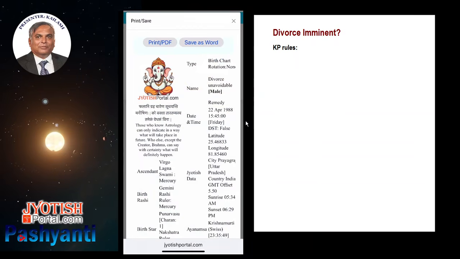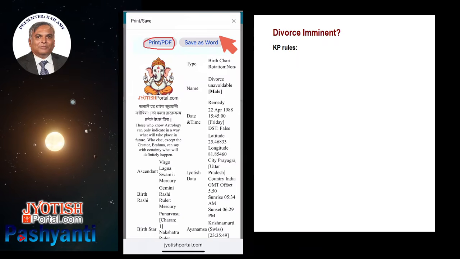Okay, so when you go on the print, then it gives you the option to save this as a PDF on your phone, or save as a Word file that you can edit and write your notes. But I find this very hassle, especially on the phone. You have to download, then you have to find out where the file is, things like that. But that option is there.